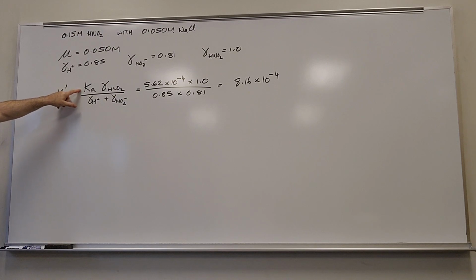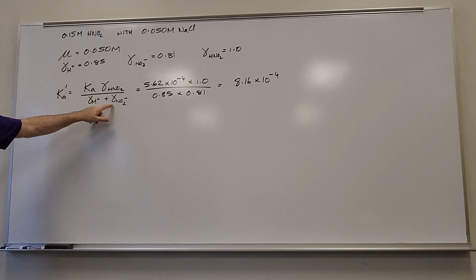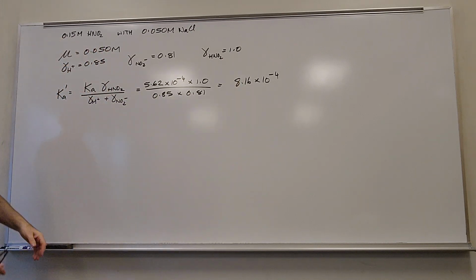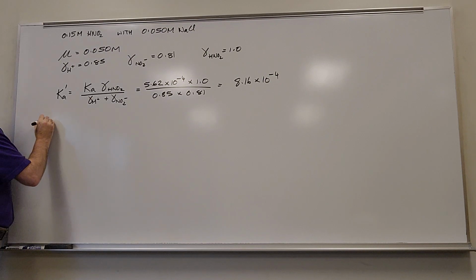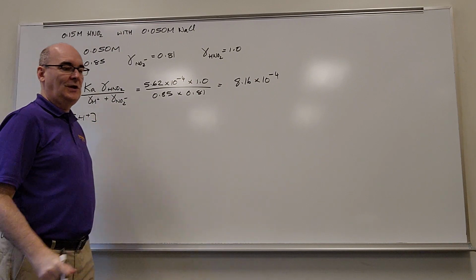And if we say that the real number with activities, the activity, is the concentration multiplied by the modifier right here, which is the activity coefficient, then we could just jumble all these together. And that gave us a new value of Ka of 8.16 times 10 to the negative 4. Okay, having done all of that work, let's now go ahead and find the equilibrium concentration of H plus.